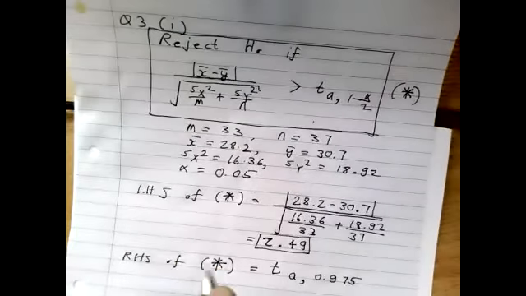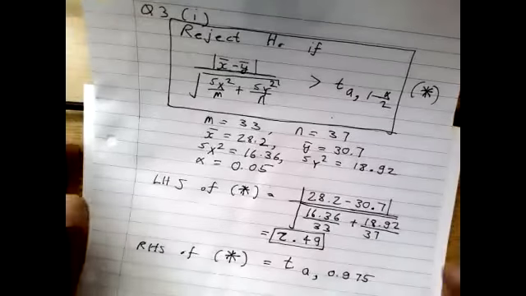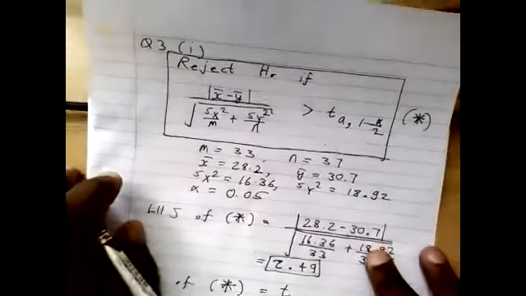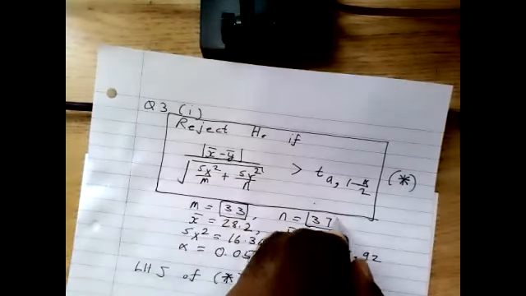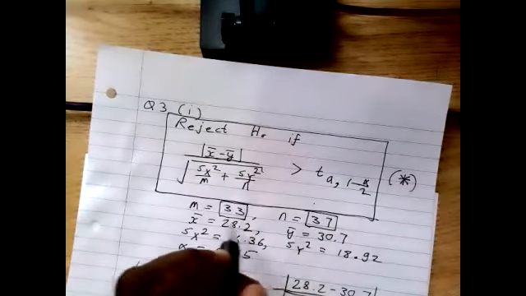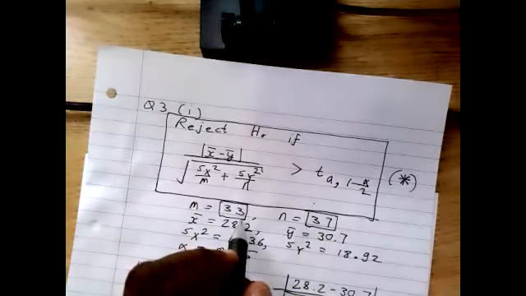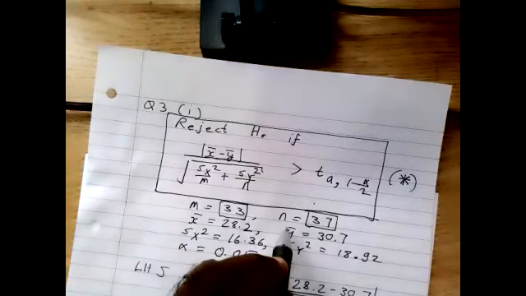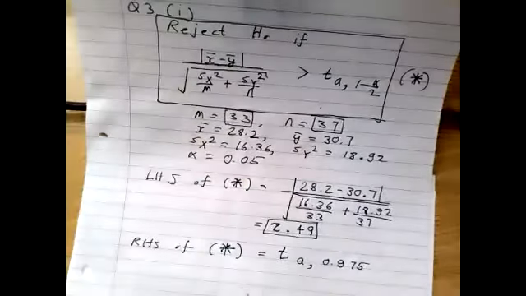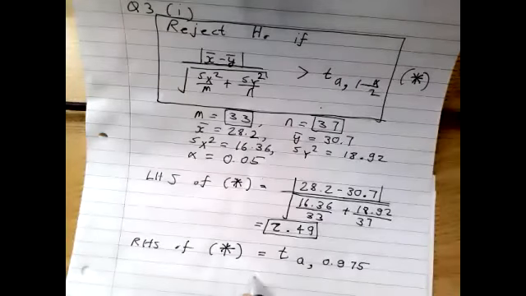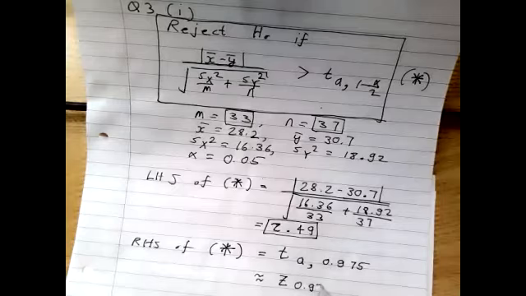Now, what I'm going to say is the following. I think I made this argument before. Look at the sample sizes, which are 33 and 37. In statistics, anything above 25 is considered large, and for large sample sizes the T percentile can be approximated by the Z percentile.